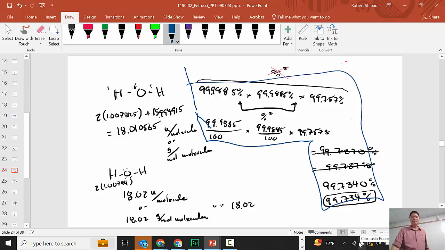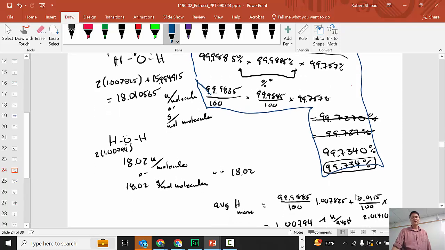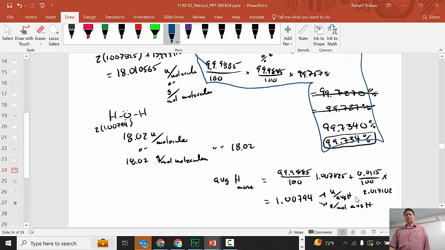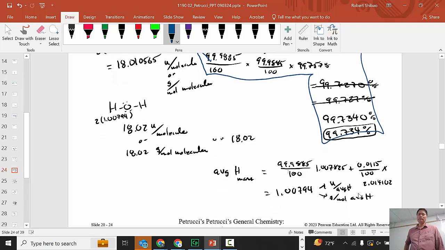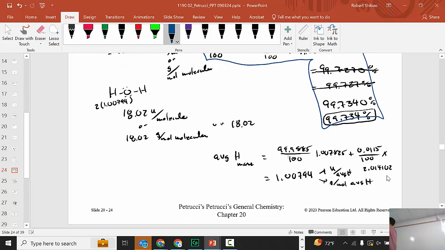Okay, then you repeat this. And so I'll just use these since I already wrote these earlier. This is just some additional calculation. Here, the average hydrogen weighs 1.00794 U. Do you remember doing something like this?